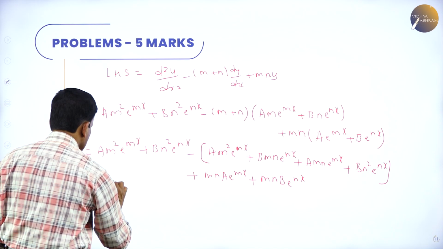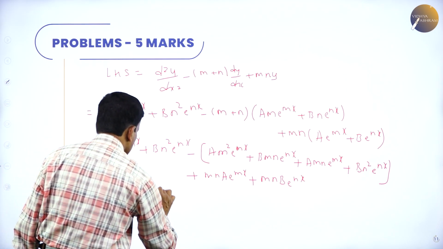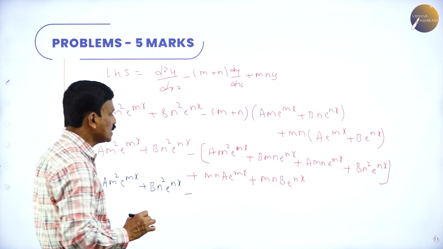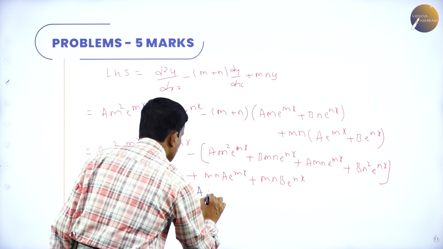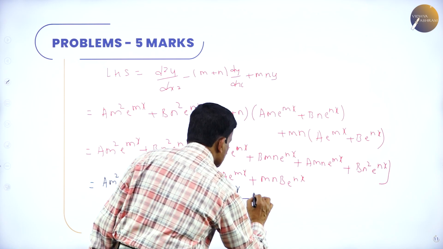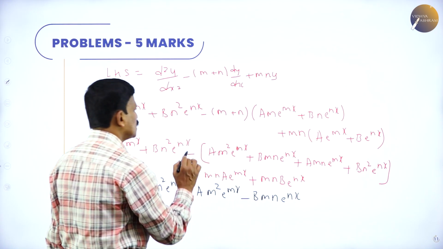Now this is as it is, a m square e to the power of mx plus b n square e raised to nx. Now multiply by negative. This is a m square e to the power of mx, minus into plus minus b into mn e to the power of nx, mn.